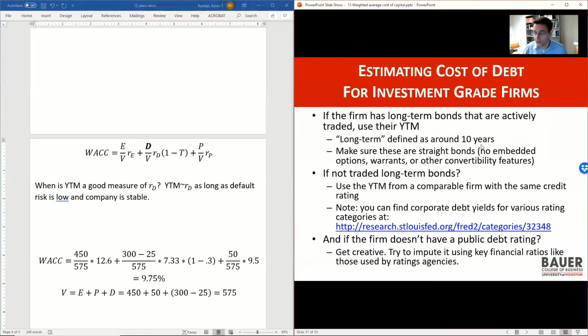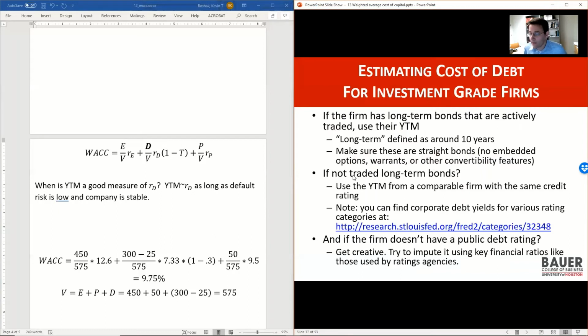The company's going to be around a while, so you want to use long-term debt, not necessarily short-term debt. The other issue with bonds is that a bond is a contract, so you can have lots of different contractual terms built into it. Those things mess with the prices and the returns a bit, so it's better to get as simple a bond as possible. A straight bond would be the way to describe it, without options or warrants or anything like that.